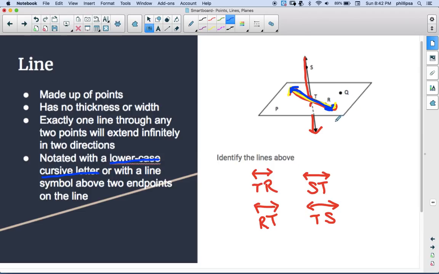From the diagram I have right here, I don't have anything that gives me a lowercase letter to name any of the lines, but it would look something like this if I put, at the end of one of these lines, a lowercase cursive L. I can now also refer to that blue line as line L.